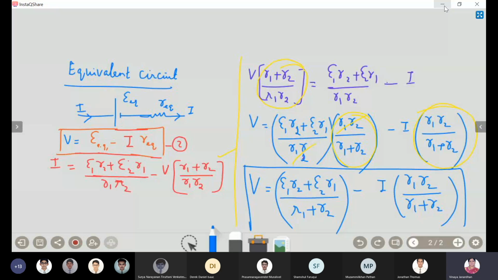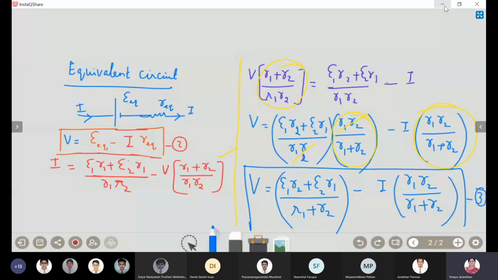Mark this as equation 3. Is that fine? Ma'am, which is equation 1? This is equation 3. The previous one was 2.